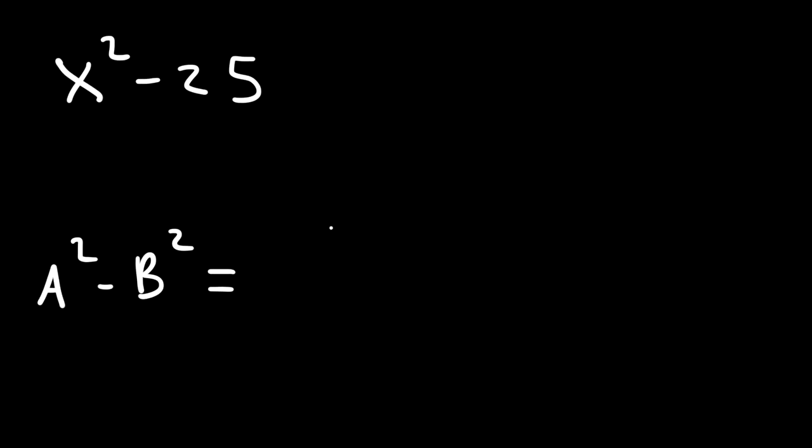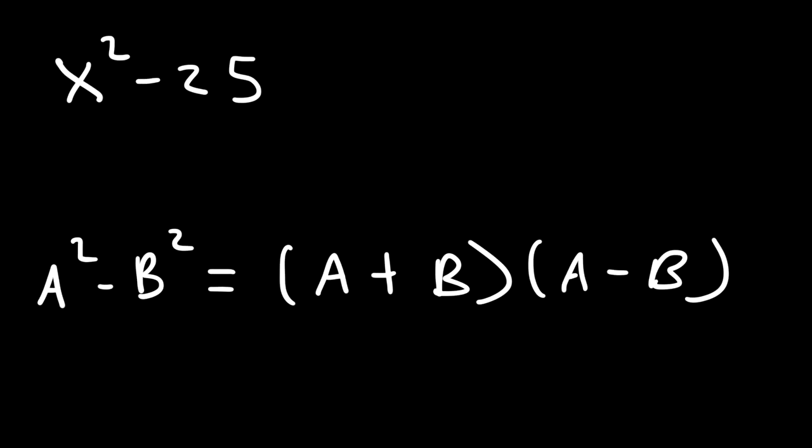Now let's say we're given this expression, x squared minus 25. How can we factor it? In this case, what we have is a difference of perfect squares. When you see this, you could use this formula. A squared minus b squared can be factored to a plus b times a minus b.